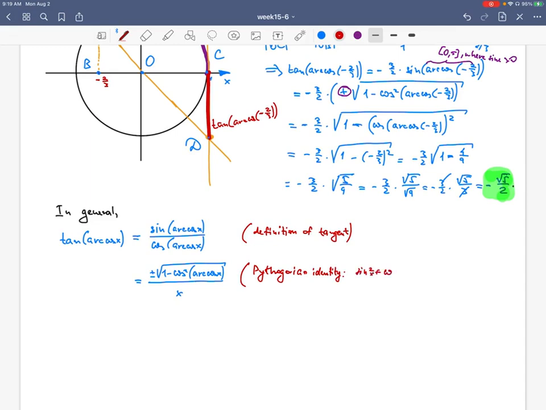Sine squared x plus cosine squared x equals 1. From here, sine equals plus minus root 1 minus cosine squared.